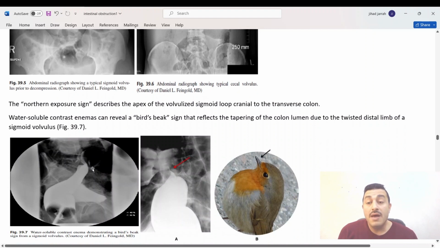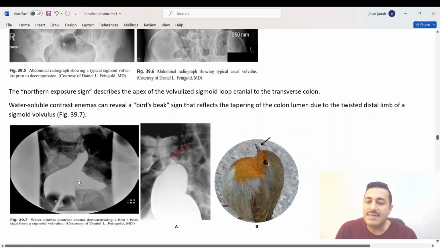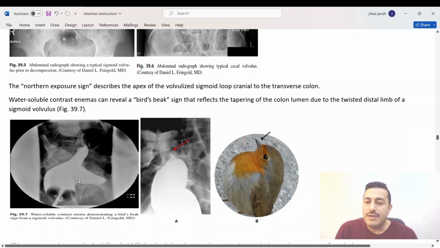One of the classic radiological manifestations of sigmoid volvulus is the bird's beak sign. You can see it here on water-soluble contrast enemas. We give enemas, and here you can see the tapering where the twisting happens.